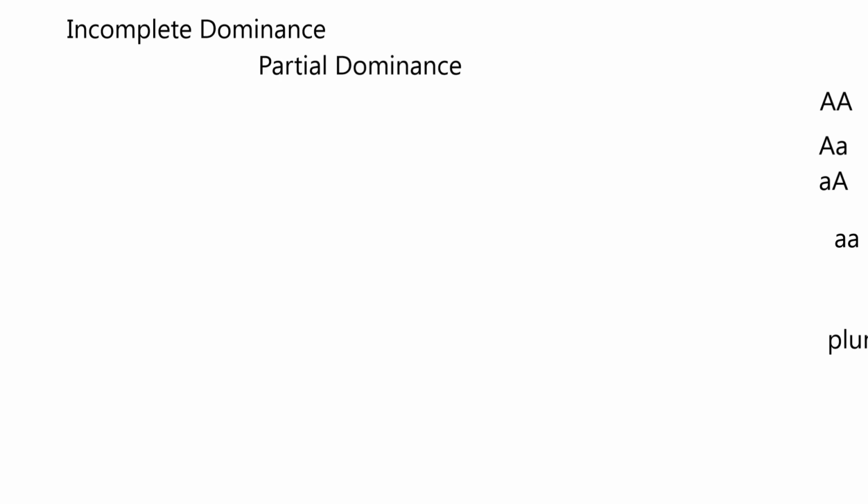Well, we're on to the next type of gene action, and I labeled this incomplete dominance. You might also see it as partial dominance. So let's say, and I'm going to use an example in chickens.